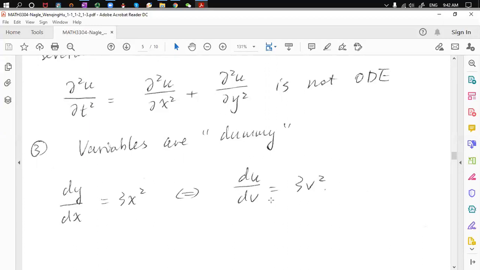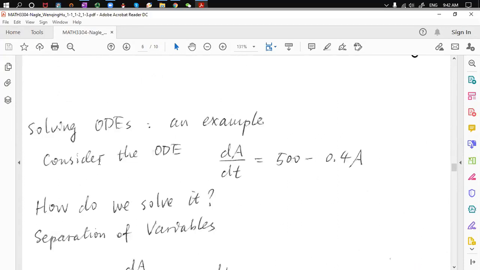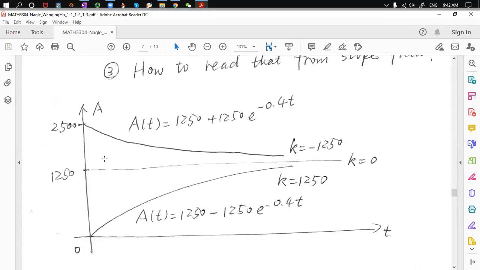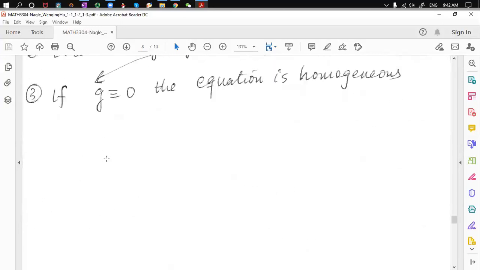You may always think of y as a function of x, but it might happen that x is a function of y. They might give you an equation, something like dx over dy, and you have to understand that x is now the function and y is the variable. So you have to be flexible with what you have learned from this class. That's the third remark I would like to talk about.